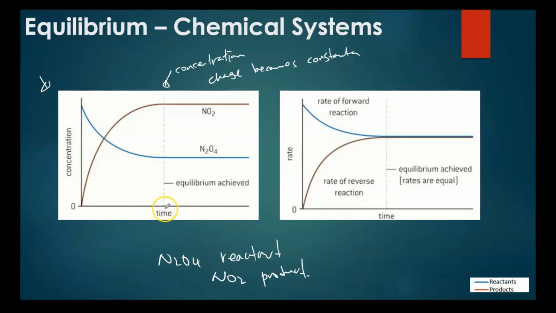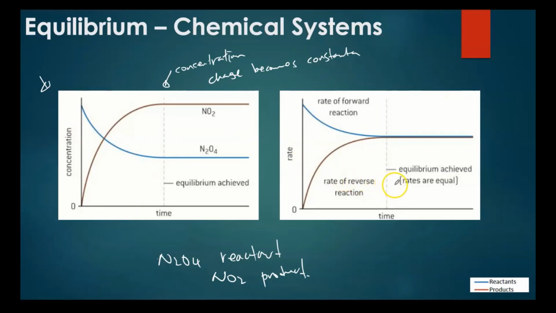So in the first graph, we can see that there were changes with the concentration of the NO2 and N2O4 until a certain time, and starting from this point, we can see that there is no change with the concentration. So actually the concentration remains constant from this point. Then we say right at this point the equilibrium has been achieved, and then we have an equilibrium mixture.